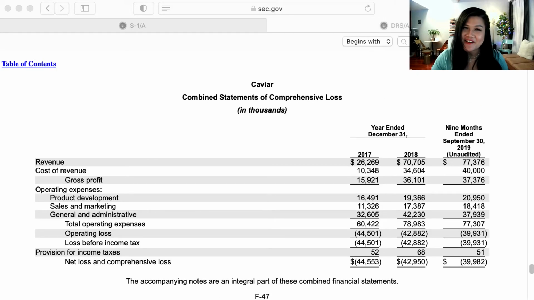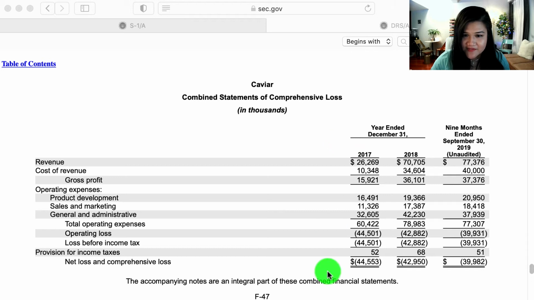Now, I was very curious why DoorDash would want to pay 4 times the price of Caviar's fair value. There must be something that is so attractive about Caviar. So I did a little bit of digging and I found Caviar's historical financial information. In front of you is Caviar's income statement, and you can see, like DoorDash, Caviar has been operating at a loss as well.